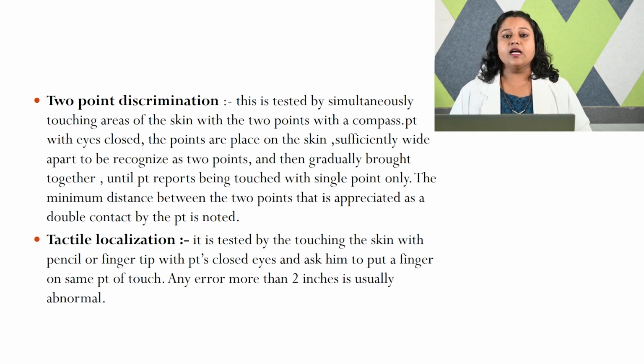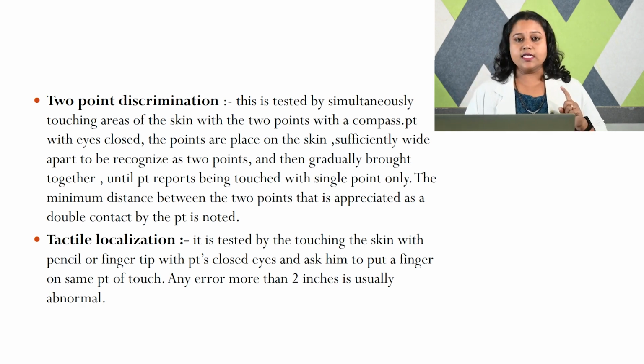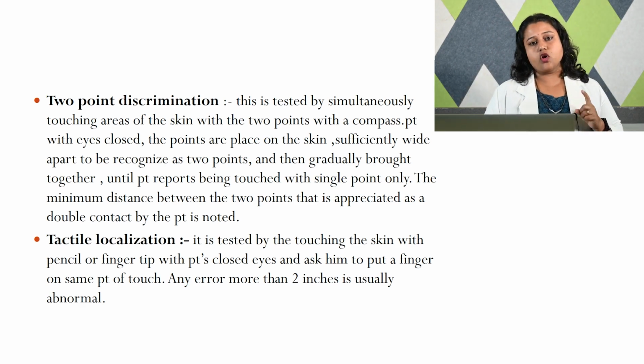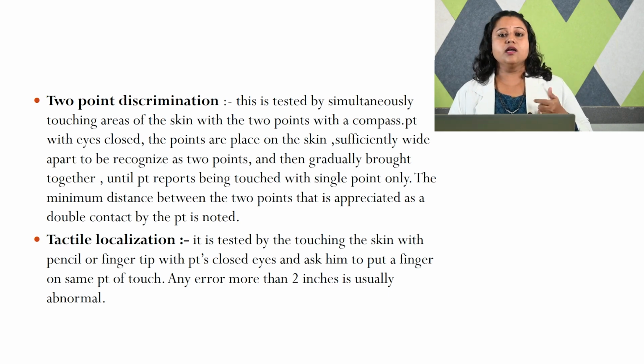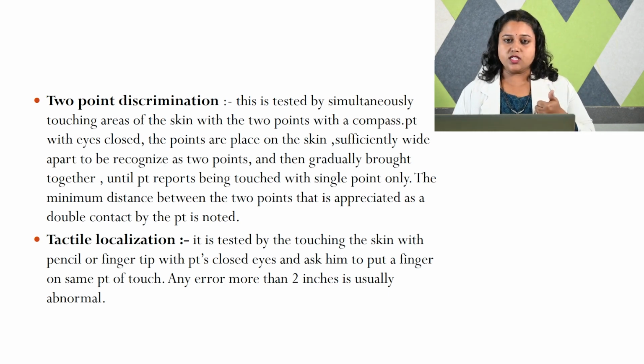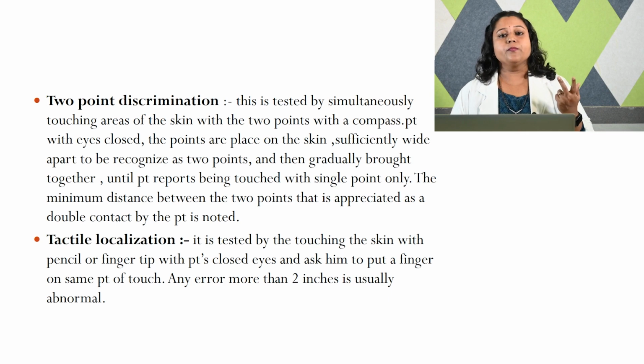Then at the dermatomal level we need to perform the test procedure bilaterally and symmetrically. Then we have seen the types of sensations. The first type is exteroceptive or tactile sensations. In that we have seen pain, pressure, touch and temperature sensations.